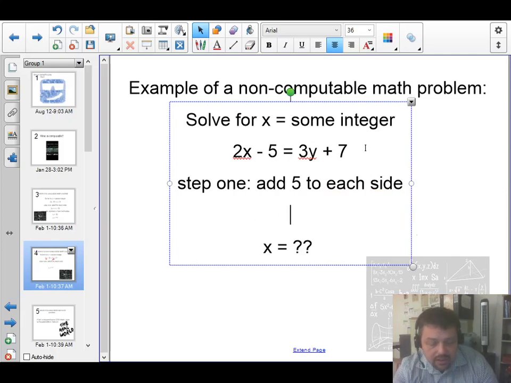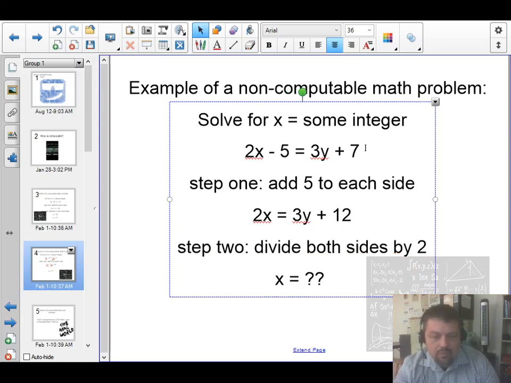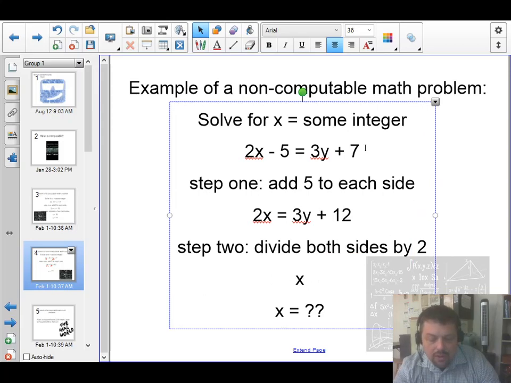And that's going to look like this: 2x equals 3y, and then 7 plus 5 is going to be 12. And so now I need to divide both sides by 2. That will be step 2, the division property of equality.